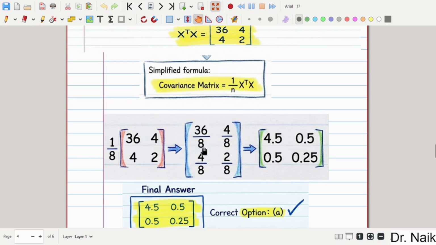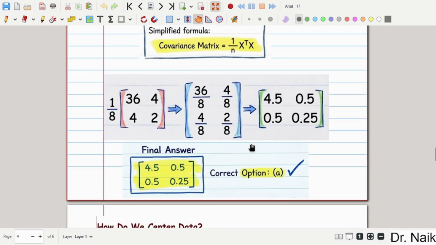So 36 divided by 8 is 4.5, 4 divided by 8 is 0.5, 4 divided by 8 is 0.5, 2 divided by 8 is 0.25. So our final answer is 4.5, 0.5, 0.5, 0.25. So correct option is A.